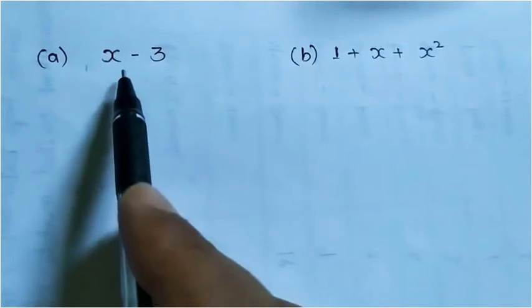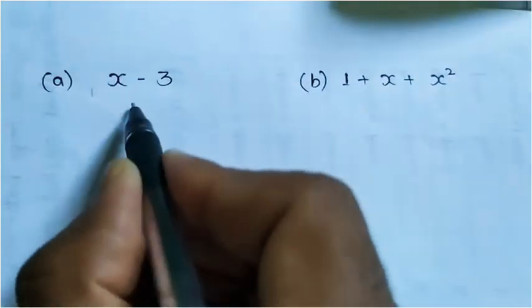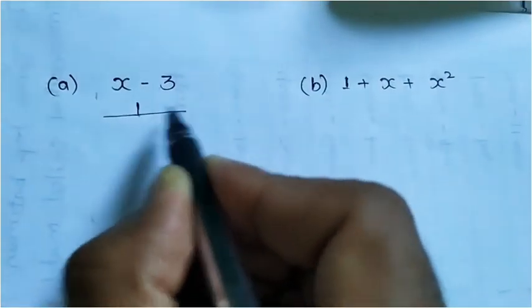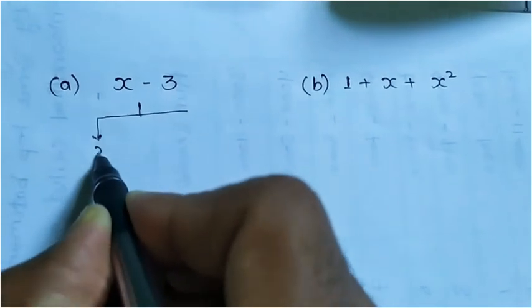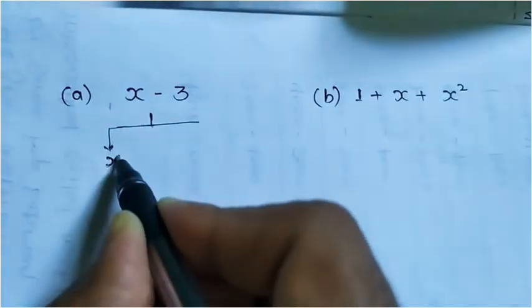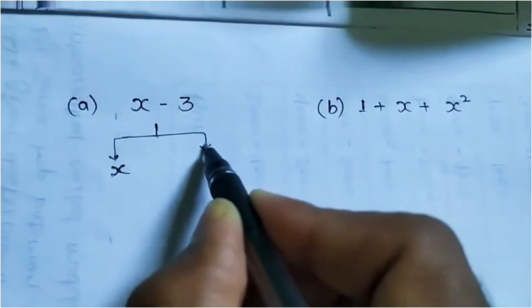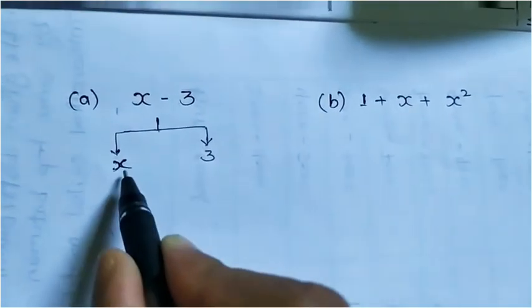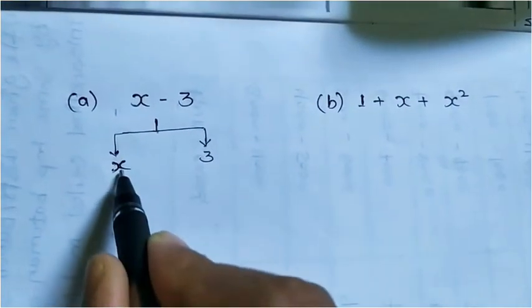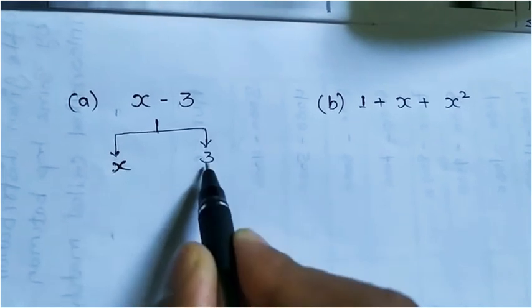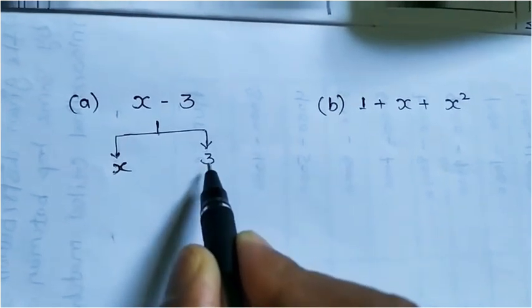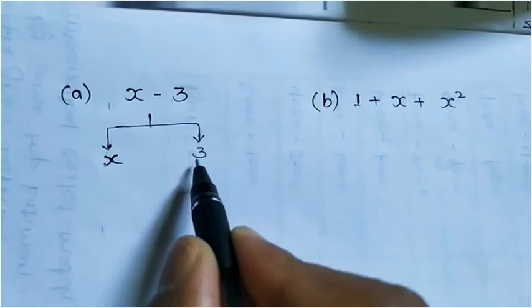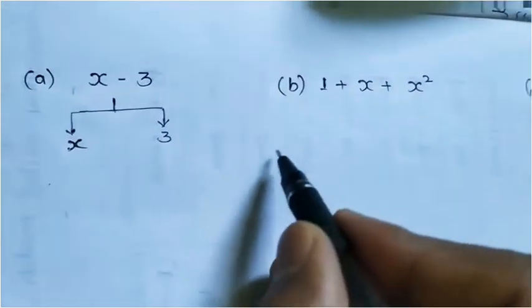Here, the first one, x minus 3. Two terms are there, so write them separately: one is x and the other is 3. Here x itself is a factor, and 3 is both a term as well as a factor, so no need of writing factors again.